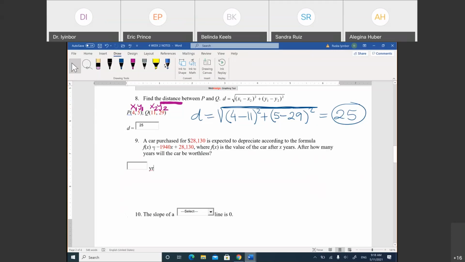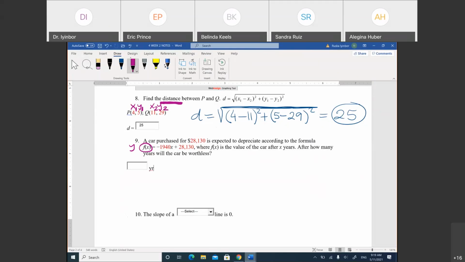So this is the formula of depreciation, where f of x, this is notation of function. F of x is the same like y. So look at this like y equals number x plus number, right? So it's like equation of line. So the y is the value of the car and x is the years after x years.